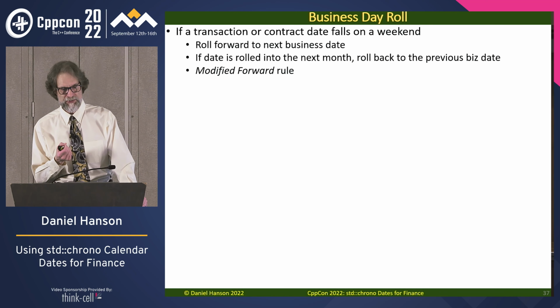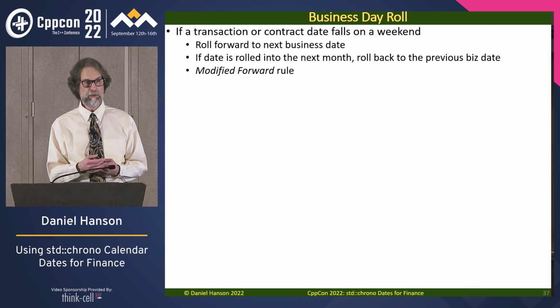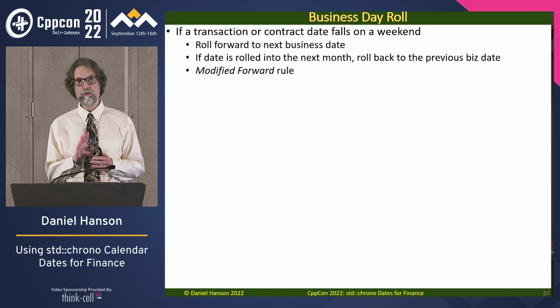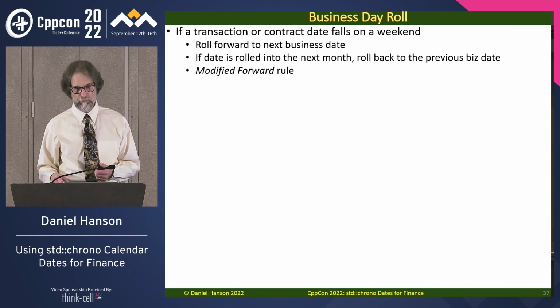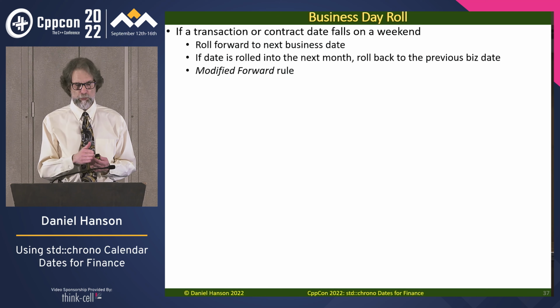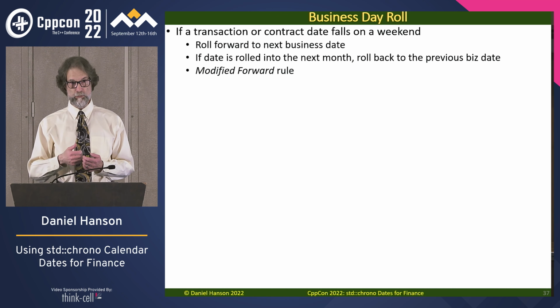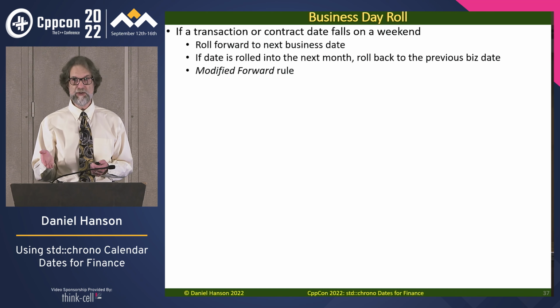But if a transaction date falls on a weekend, we're going to apply what's called the modified forward rule. There are 4 different roll methods that are commonly used in finance. The one that I've seen the most is called modified forward. And what that does is it will roll forward to the next business date. But then you need to check, does it roll forward to the next month? And if that's the case, then you roll back to the last business day in the original month.